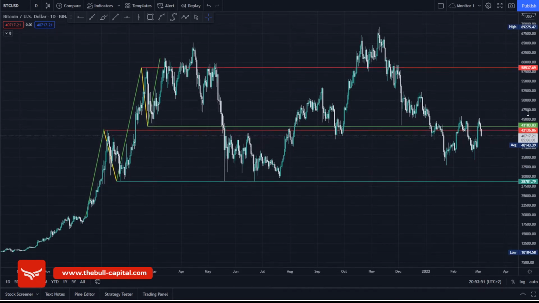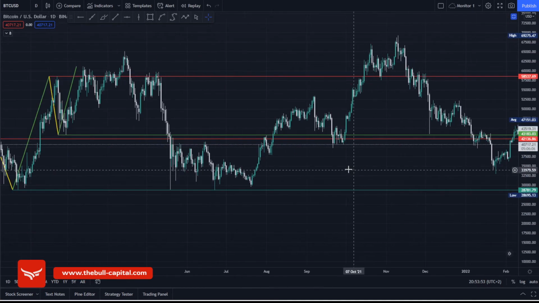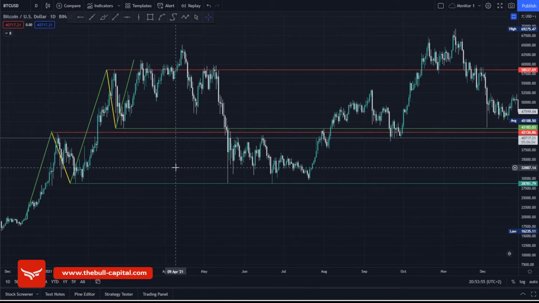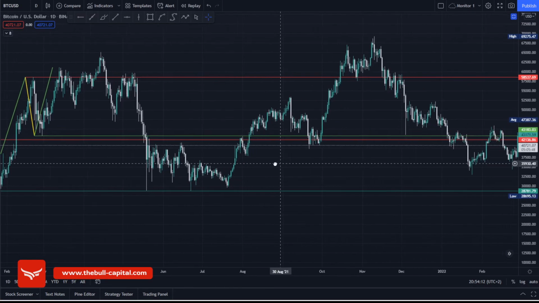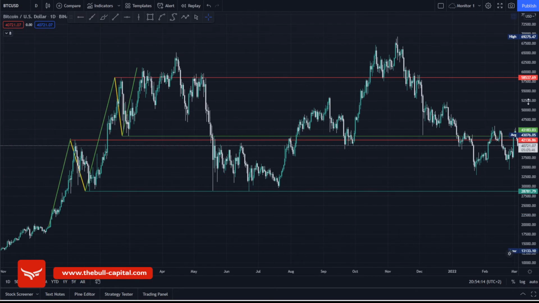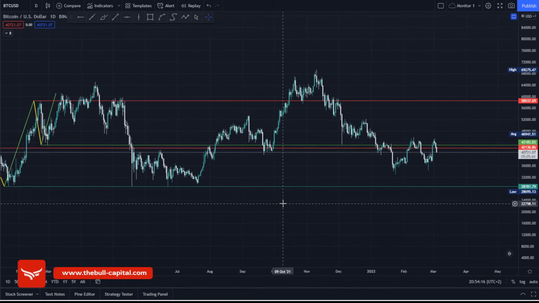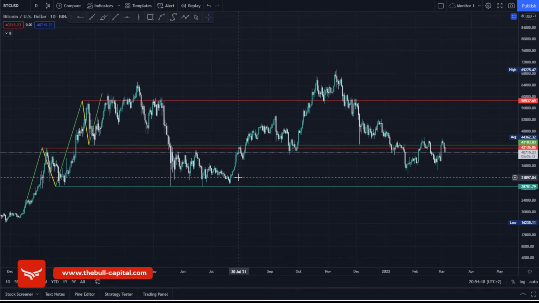What I mean by tested is that it at least touched that level, or maybe broke that level a few times in the last 6 months. So that means it's not that valid anymore, and you shouldn't trust it too much.